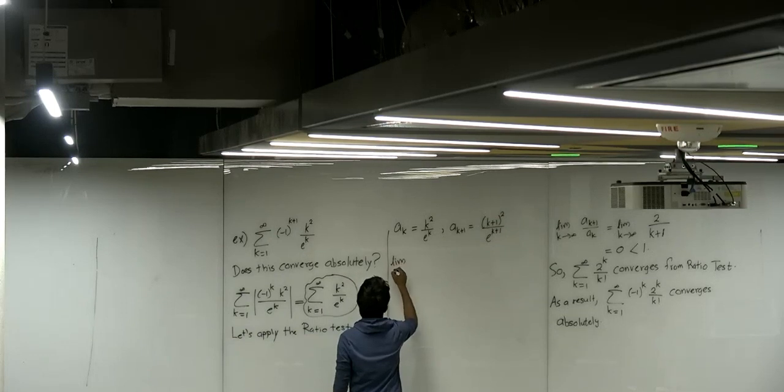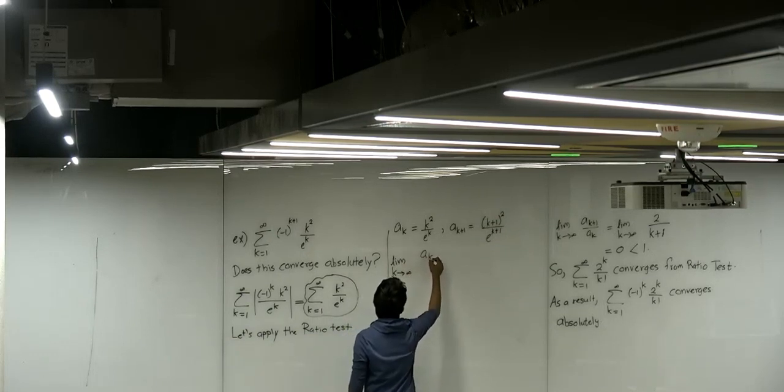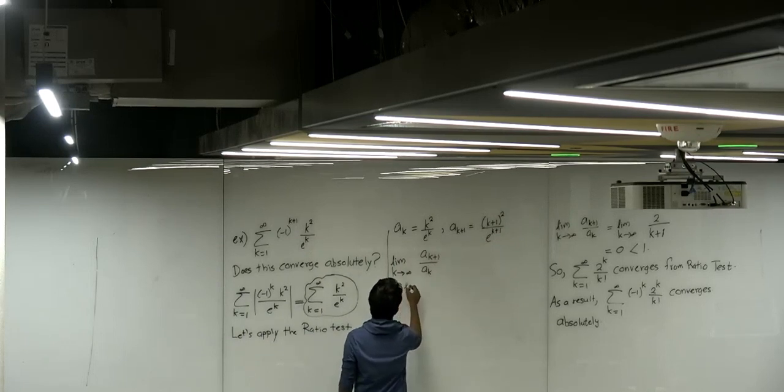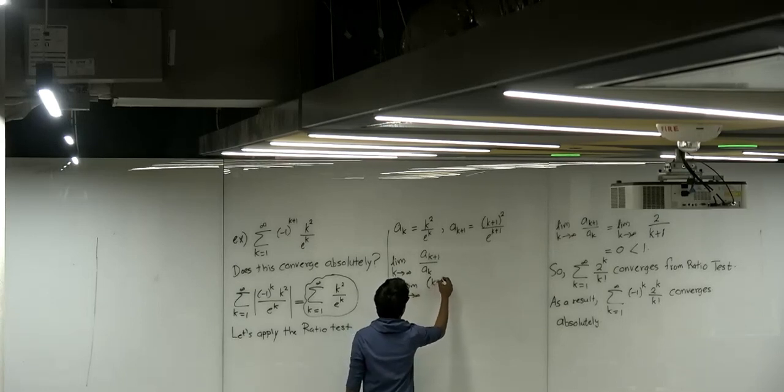So I need the limit when k goes to infinity of a_(k plus 1) divided by a_k, which is equal to the limit as k goes to infinity of (k plus 1) to the power 2 divided by e to the power (k plus 1), divided by k to the power 2 divided by e to the power k.